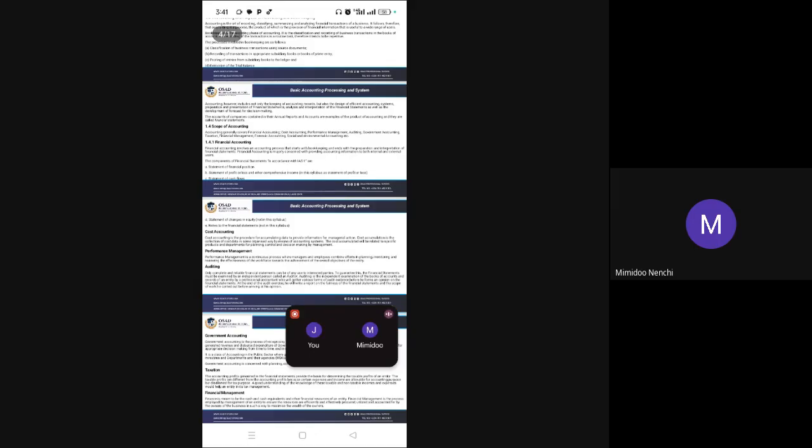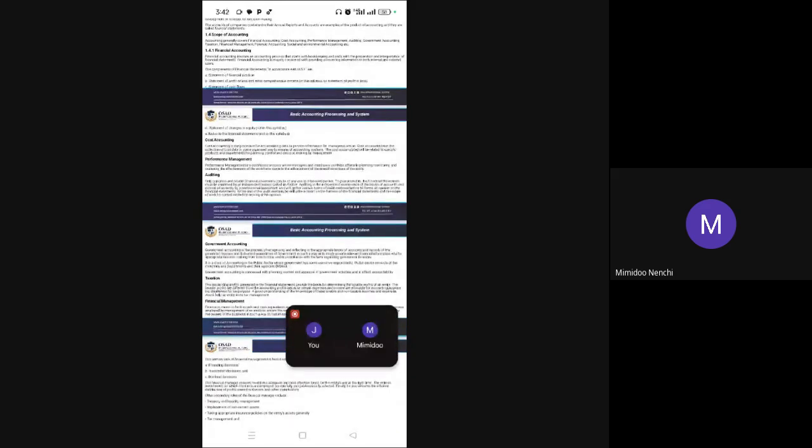So now let's quickly move on to cost accounting. Cost accounting is the procedure for accumulating data to provide information for management action. We need this information for management to make decisions.